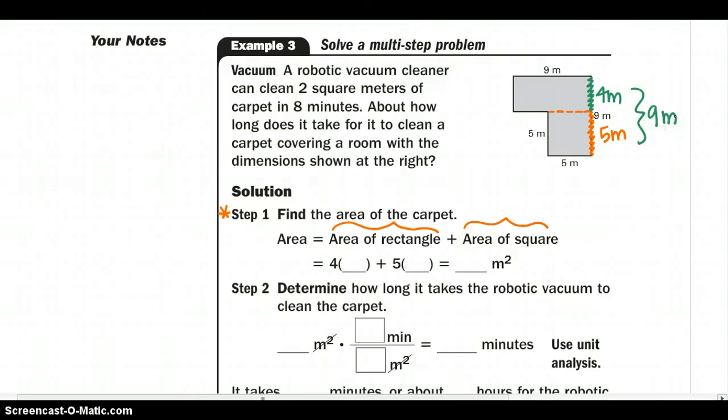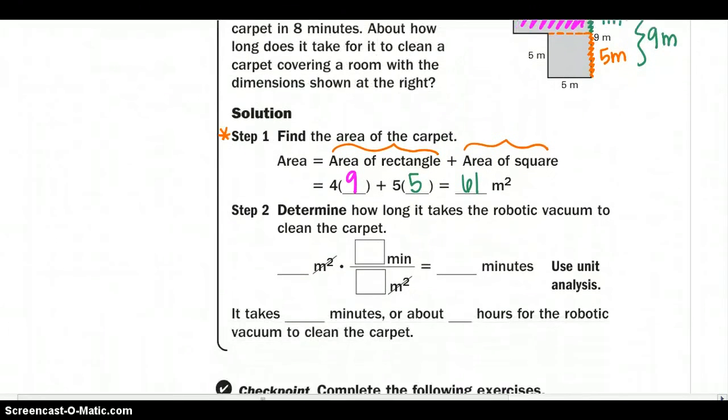Alright, so to find the area of my rectangle up top, I would say 4, which we came up with, times 9. So base times height, plus my area of my square, which we know is 5 times 5, or 5 squared. So I would get my area to be 61 meters squared.